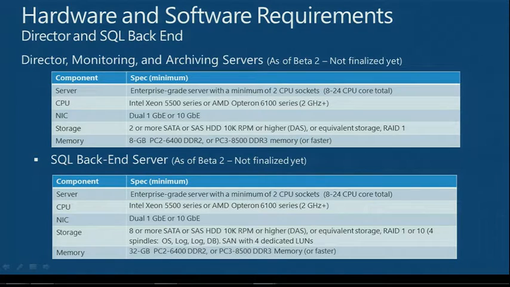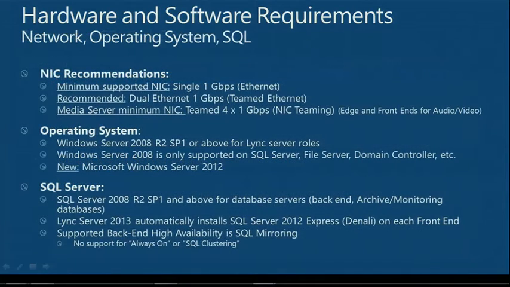These, again, are subject to change. These become optional roles in terms of the director, for example, as well. Pretty similar to what you saw in Lync Server 2010. We haven't made any substantial changes around hardware requirements there. And SQL back end, same process, some back-end storage requirements around that, and a two-socket server for the SQL infrastructure itself.